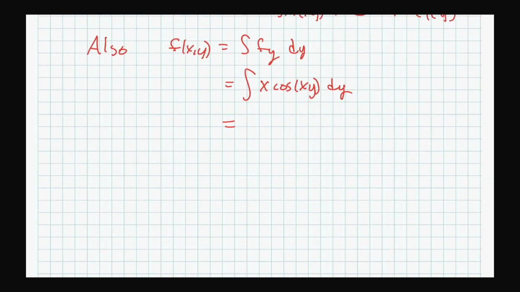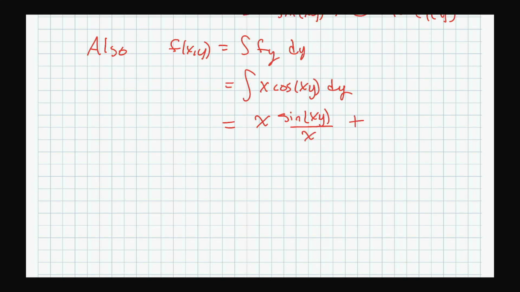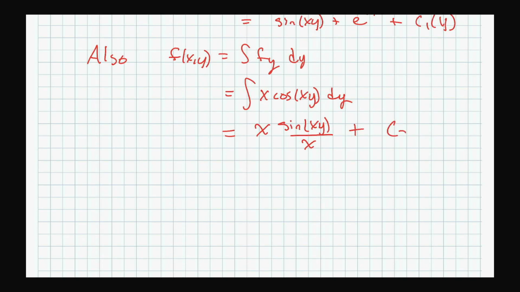So we do this integral. Same thing is going to happen. The antiderivative of cosine xy is going to be sine xy, then you divide by the constant, which is x. And then we have plus a constant, which is going to be another function, c2, that could have any amount of x's in it. So we get sine xy plus c2 of x.